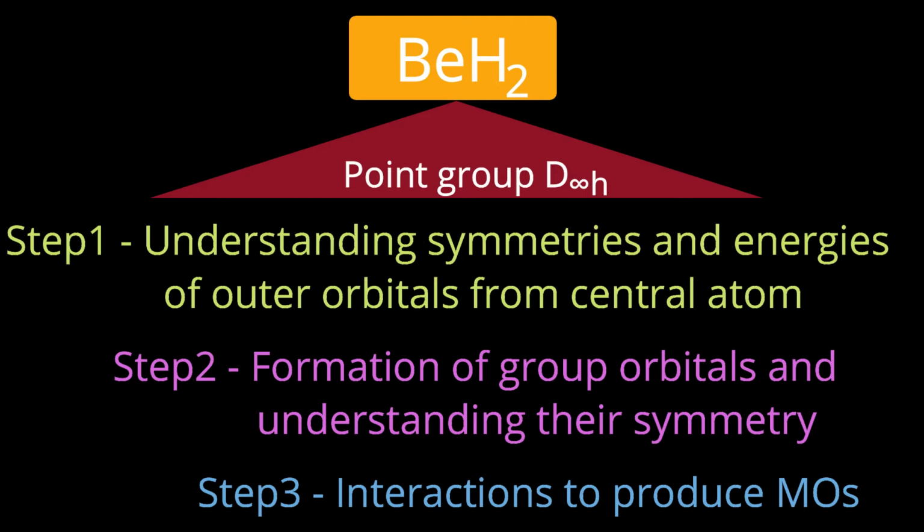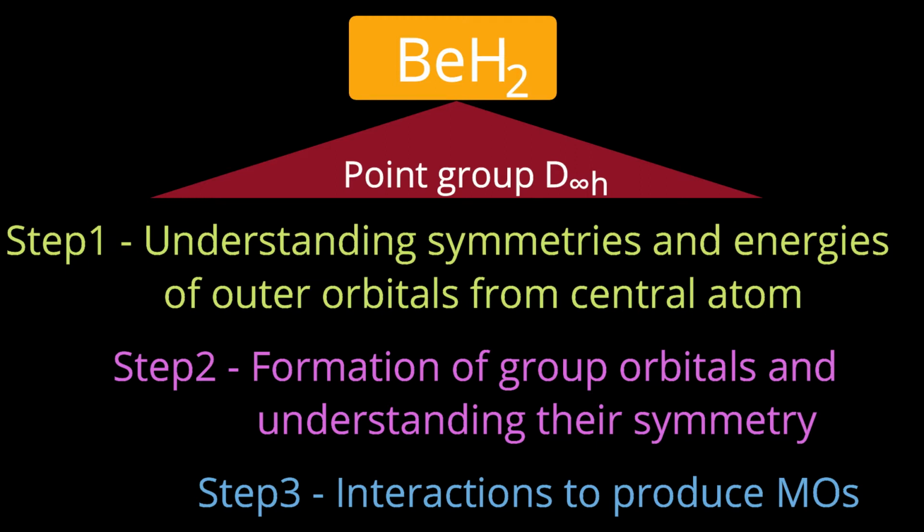To understand clearly the formation of the various molecular orbitals, the first step is understanding the symmetries and energies of the outermost orbitals of the central atom. Which is the central atom here? Beryllium. So we need to understand the 2s and 2p orbitals, their orientations, energies, symmetries and labeling. The second step is the group orbitals.